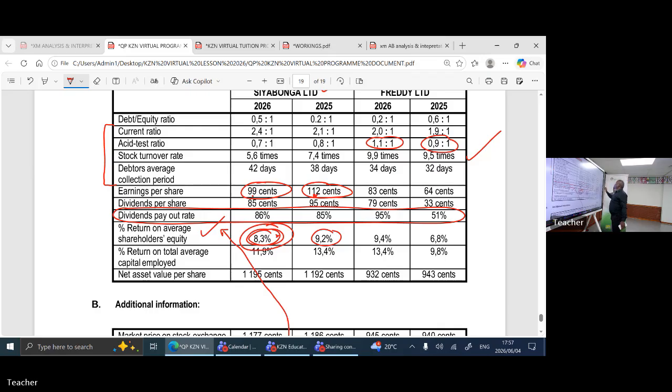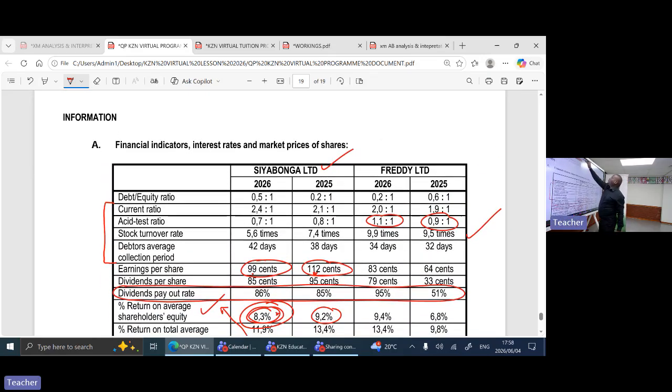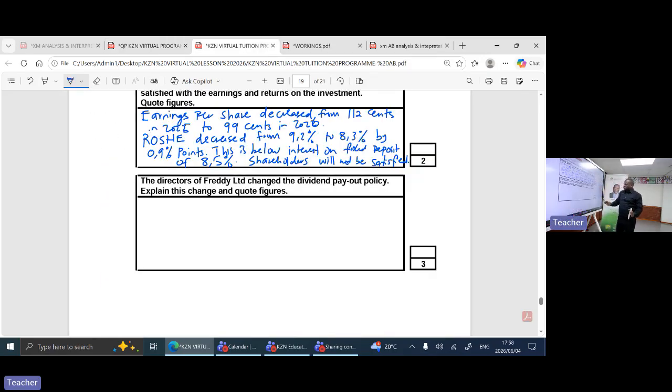So if you're looking at that, the directors of Freddie Limited, that means we are no longer looking at Siyabonga, but we're looking at Freddie Limited. They changed their dividend payout policy. Basically, explain this change.